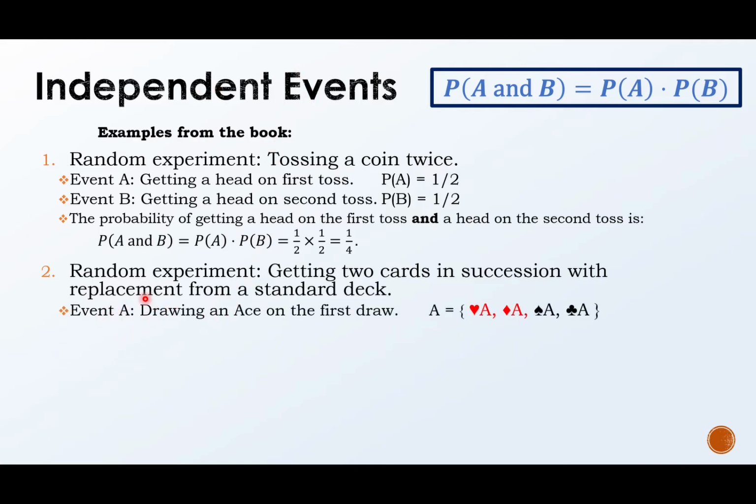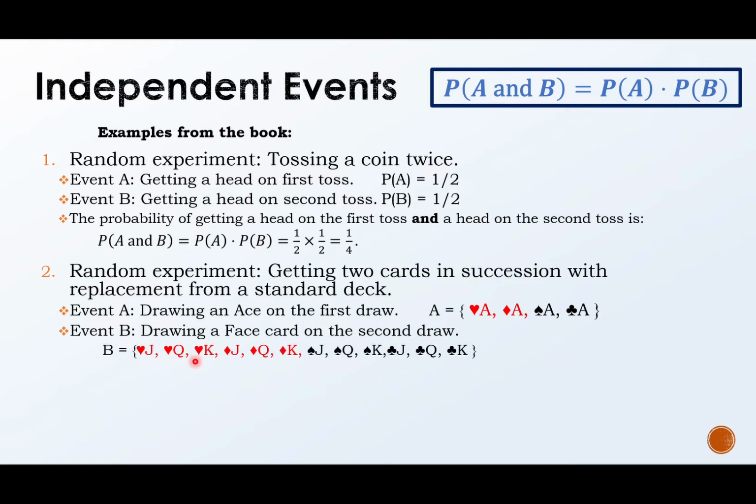Say the first event, event A, is getting an ace. Okay? So, this is the content of our event A. The other event is getting a face card on the second draw. And our face cards, if you can still remember, are these, right? They are all Jack, Queen, King, and we have 4 suits.